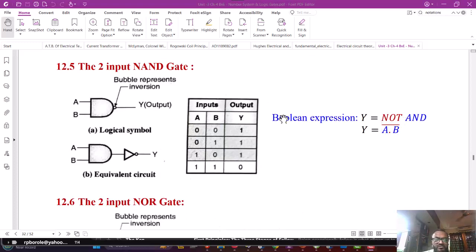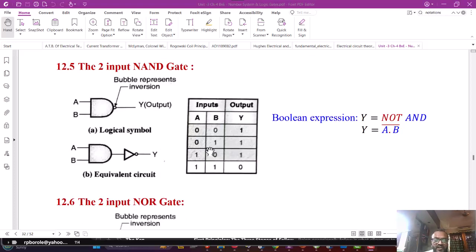The truth table shows the input and output combinations. Let us consider the first row. When both the inputs are 0, Y is equal to 1. When A is 0 and B is 1, A and B is 0 and complement of it is 1.